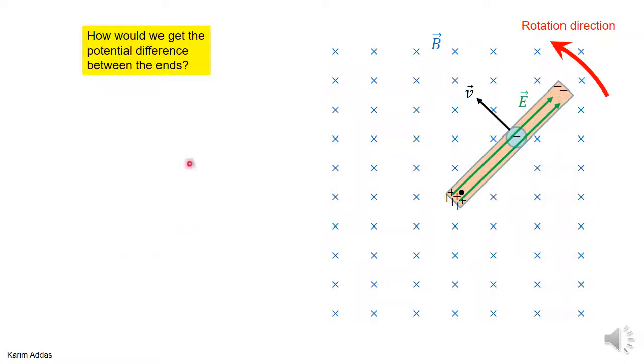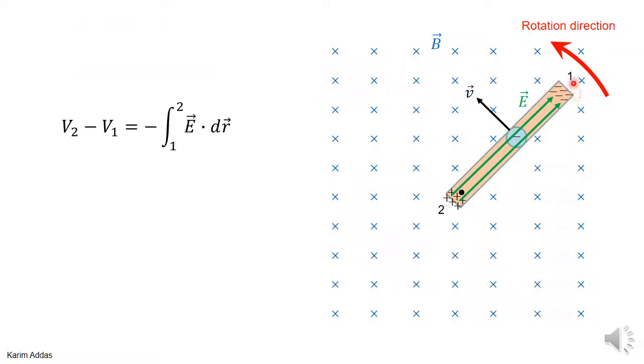How would we get the potential difference between the ends of the rod then? Let's call this point 1 and this point 2. We want V2 minus V1. We know that V2 minus V1 is a positive number, because the electric field goes from high potential to low. You remember the general rule for the potential difference between two points; we can rewrite it as the integral from 2 to 1, and take away the minus.